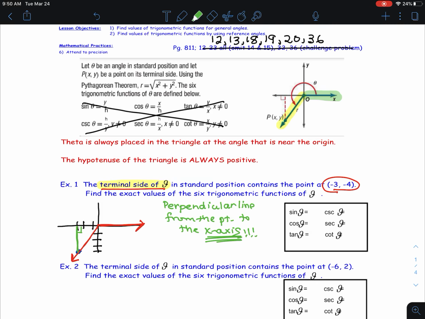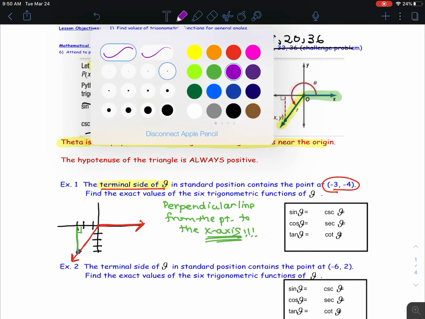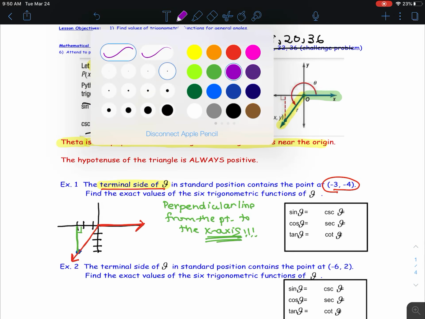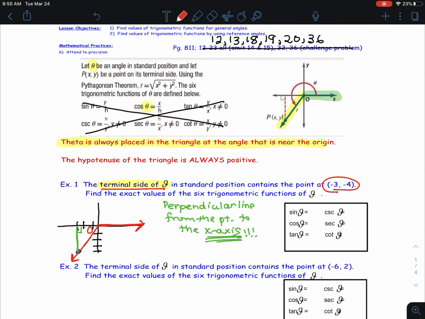One of the things we want to make sure we do on our triangle is put a little theta symbol, that little Greek letter. We're always going to place that inside the triangle at the angle that is nearest the origin, the angle that's closest to the origin. So I'm going to put the theta symbol right in my triangle closest to the origin.